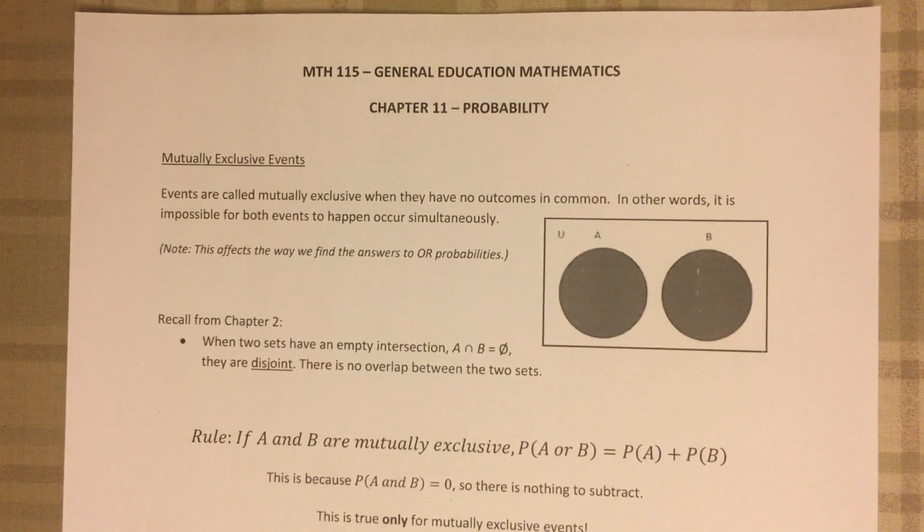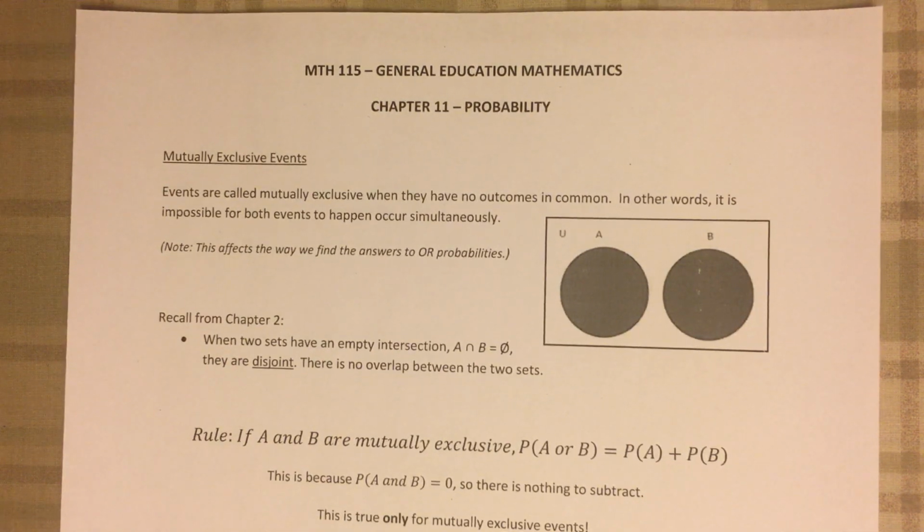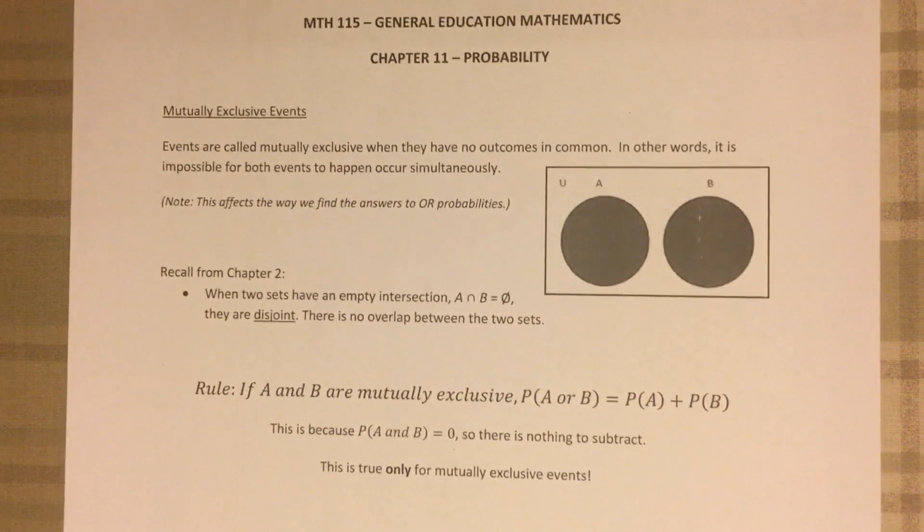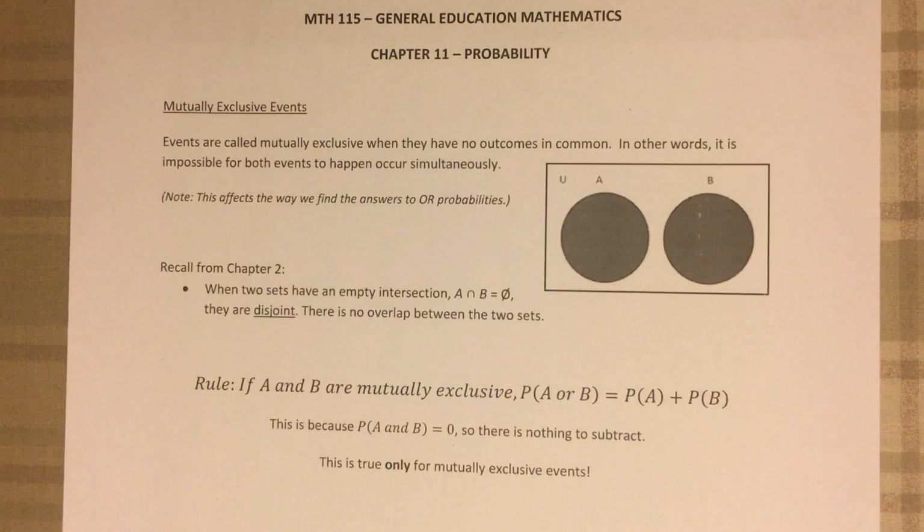Mutually exclusive events is like our last example 3 that we just looked at. Events are called mutually exclusive when they have no outcomes in common. So it's impossible to be both at once. What this does is it gives us a way to shorten our formula if we have events that are mutually exclusive.